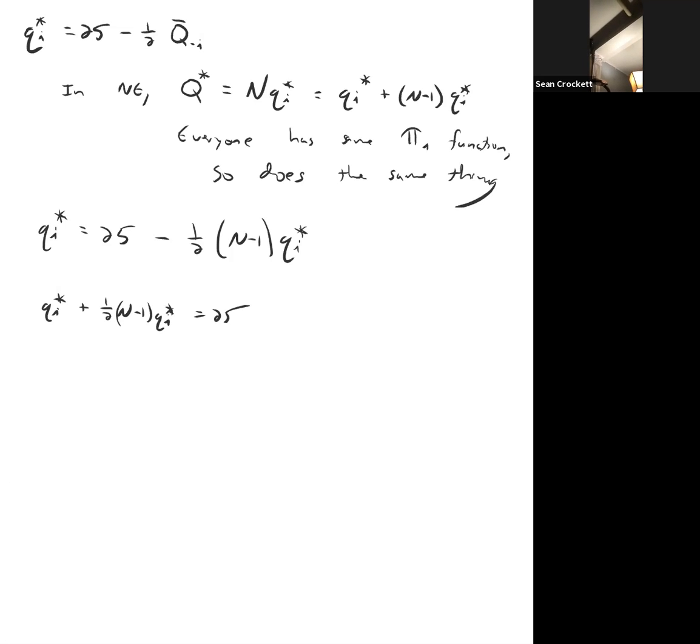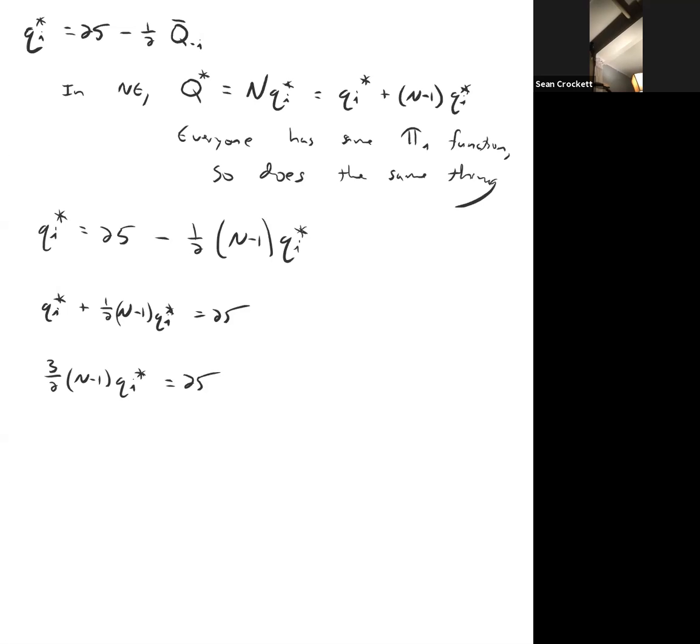So I have, just making sure, I've been susceptible to mistakes today. So that gives me 3/2 times n minus 1 qi star is equal to 25.